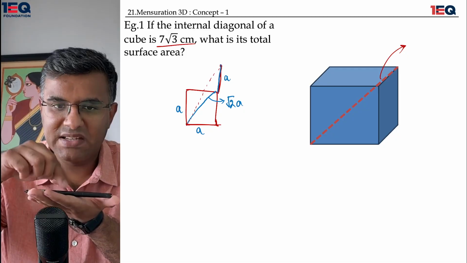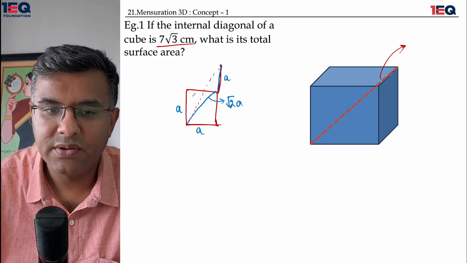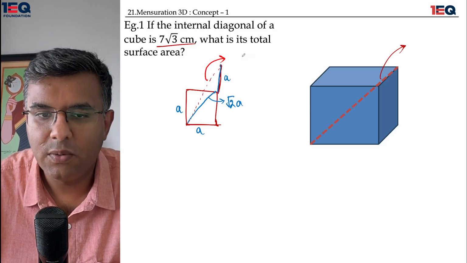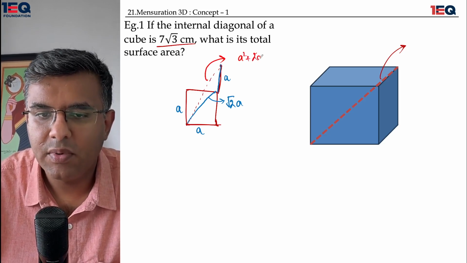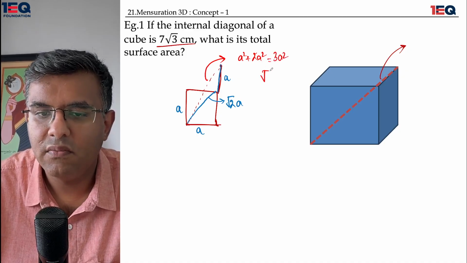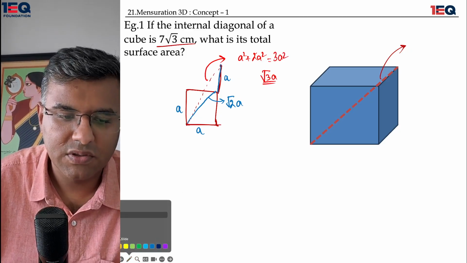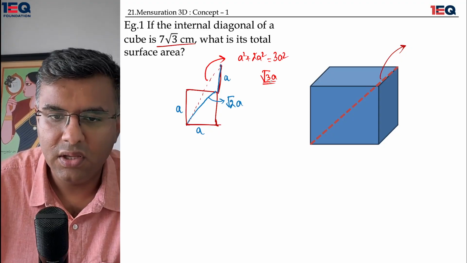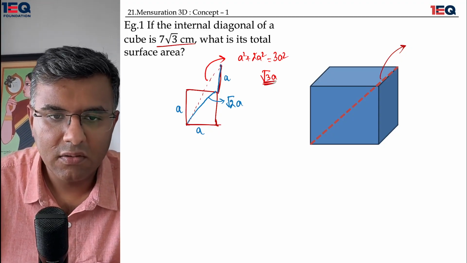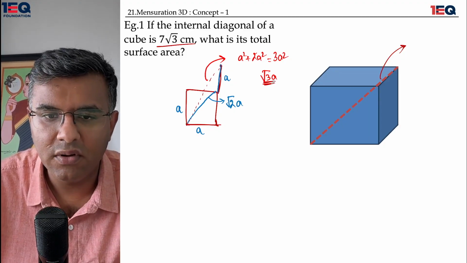The value of the base diagonal is root 2A, the value of height is A. I'll quickly apply the Pythagoras theorem again, and then I would get the length of the longest rod, which is equal to A square plus twice of A square, being equal to 3A square, which is also equal to root 3A. So root 3A is basically the value of the longest rod or the internal diagonal of a cube.